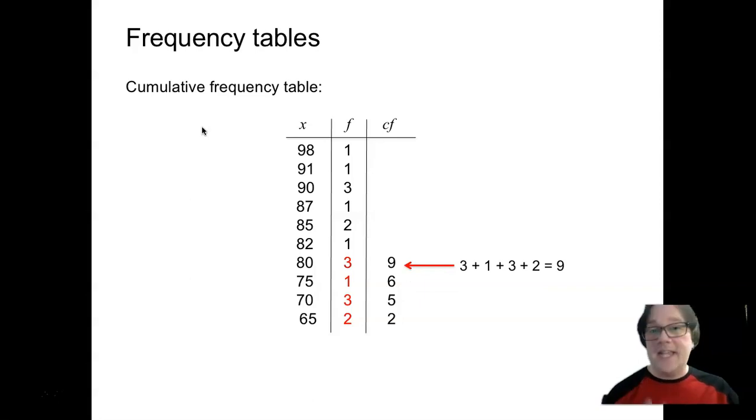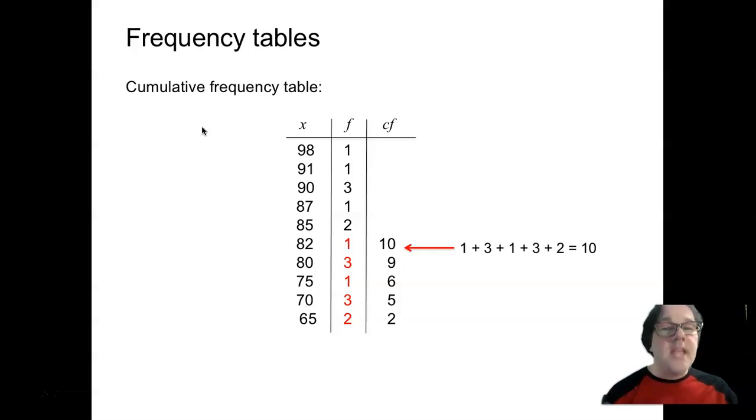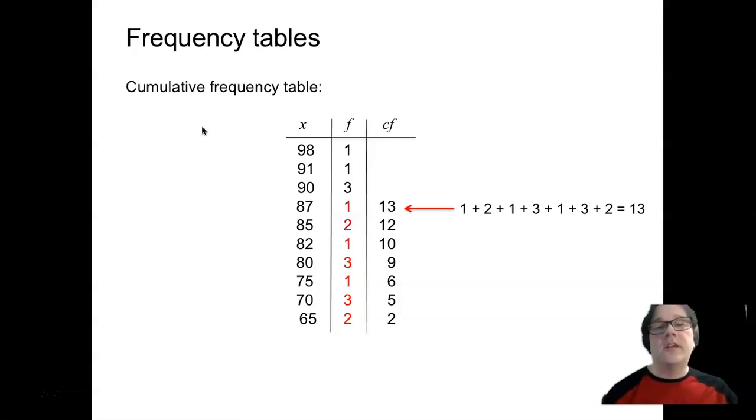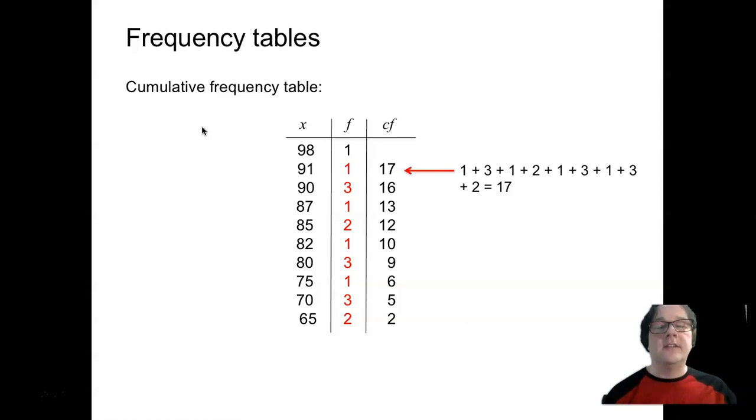By the time we get to 80, we have a cumulative frequency of 9, 10, 12, 13, 16, 17. And remember, we have a total number of scores, an n of 18.